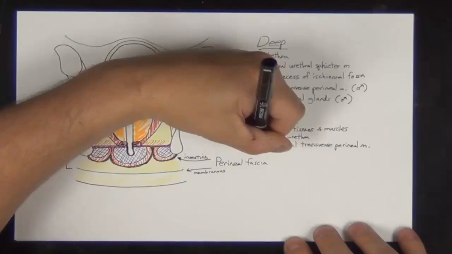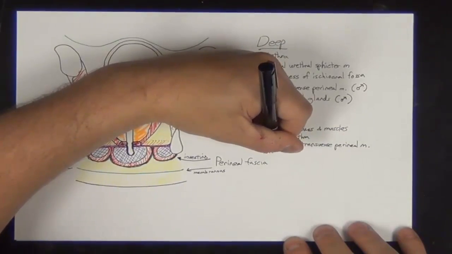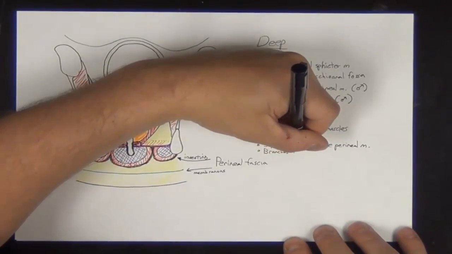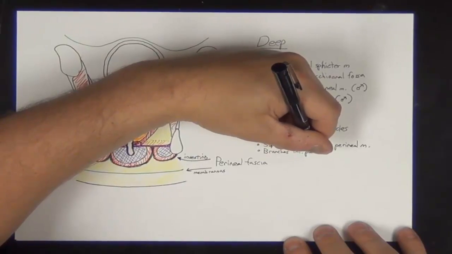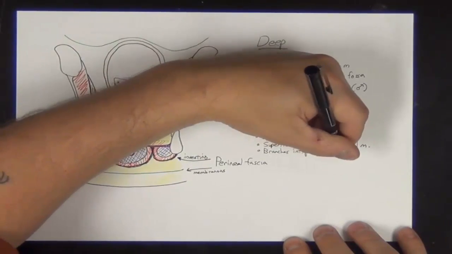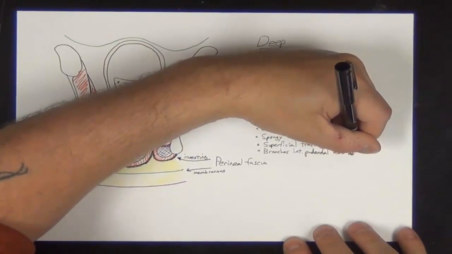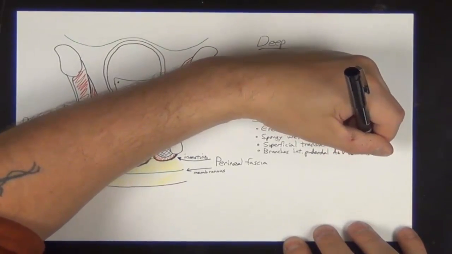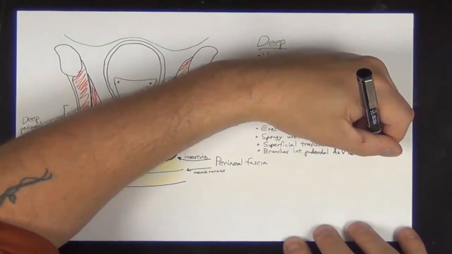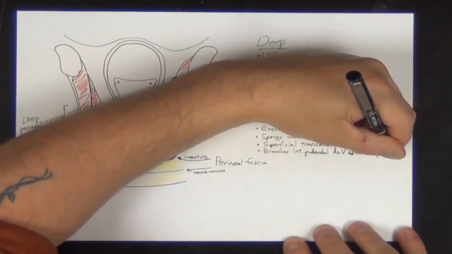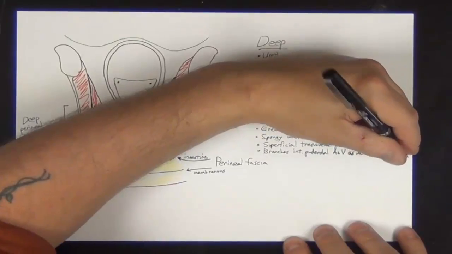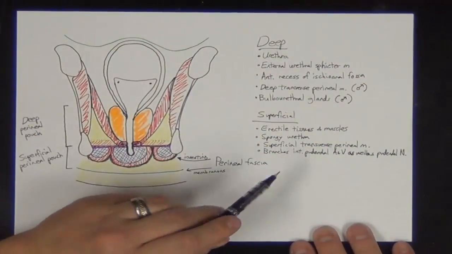And the other thing that's in this area for both male and female are branches of the internal pudendal artery and vein, as well as the branches of the pudendal nerve.